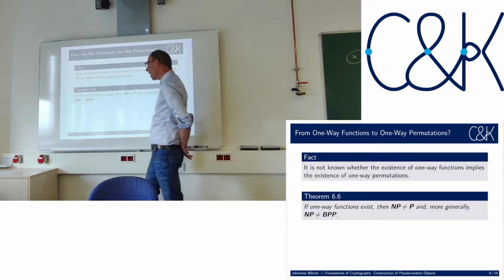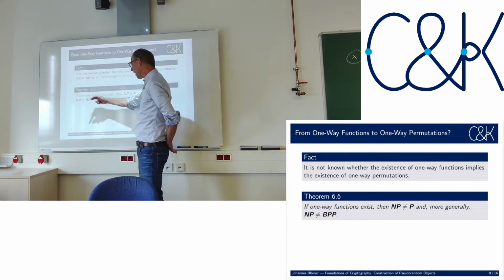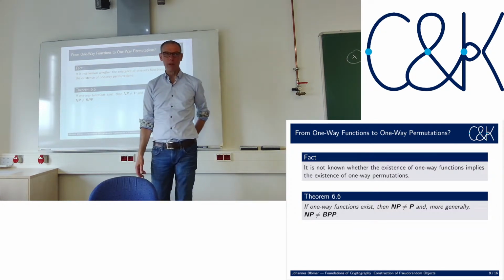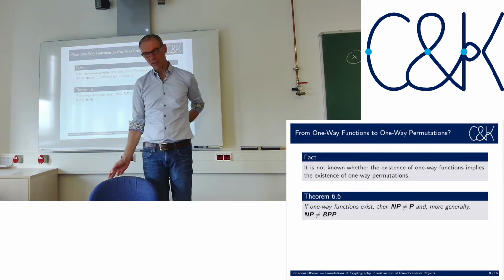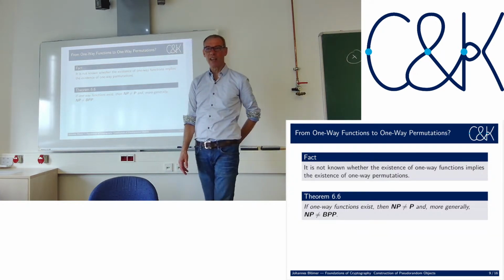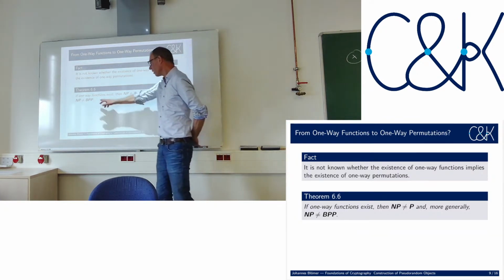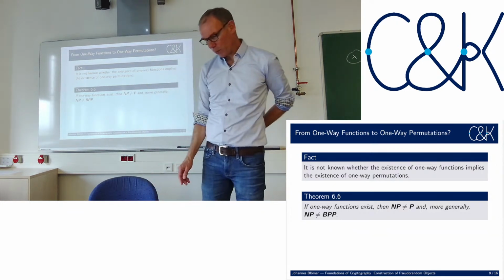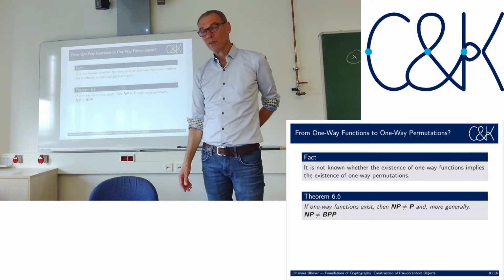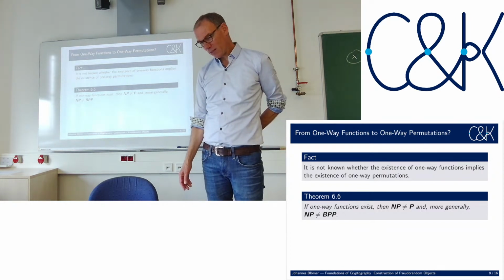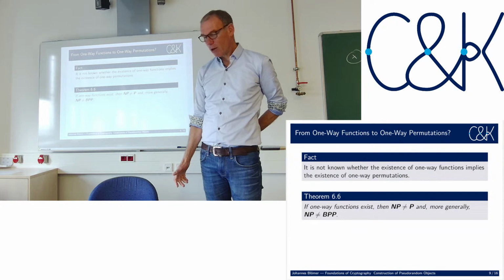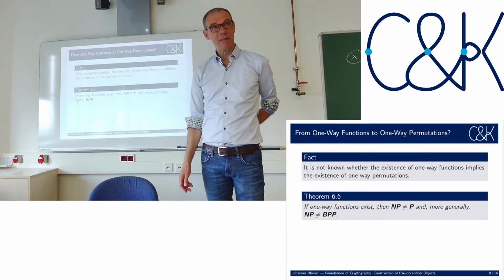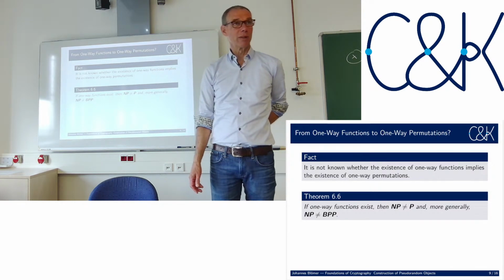It could be that NP is not equal to P, but NP is equal to BPP. Nobody believes it. There are actually strong indications that that's not the case. There are strong indications that BPP is equal to P, but again, we don't know. As in complexity theory, we do know a lot of things, but we often don't know the most important things.